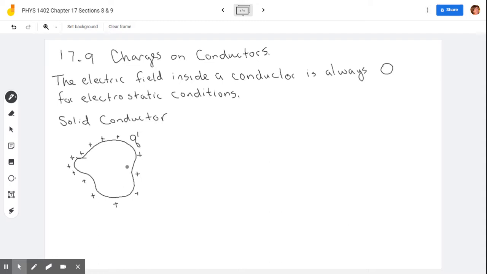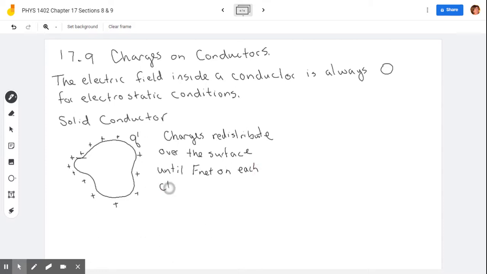Okay, but they will distribute over the surface until the net force on each charge is 0. Then you've got an electrostatic condition. They're not going to move anymore.